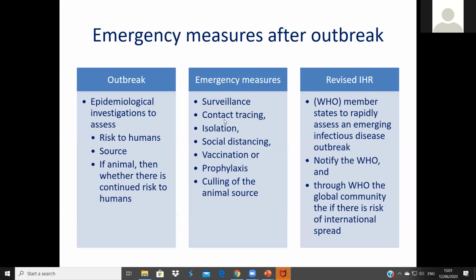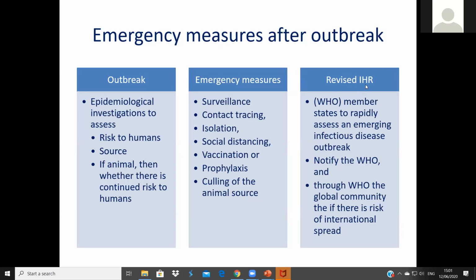And then contact tracing, all those who came in, were positive for any disease, including COVID-19, then their contacts are traced, and then we look for disease in them also. Then isolation, quarantine, social distancing, vaccination. Still there is no vaccine. What we have started talking about is vaccines, prophylaxis, and culling of the animal source if it has been found.